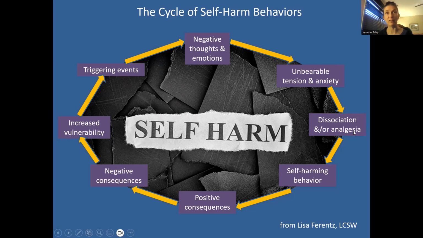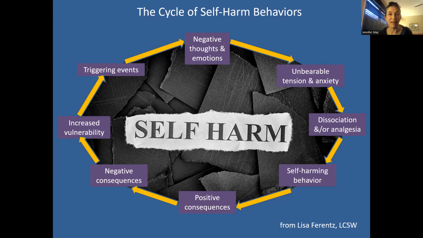Dissociation is cognitively zoning out a little bit and not fully being aware, maybe partially aware, but not 100% aware, or your attention's very narrowed and you're not really seeing the whole picture. You're just zoned out in the moment, and it's just you and your self-harm. And analgesia is a sense of physical numbing, that you don't fully feel the impact of the harm.